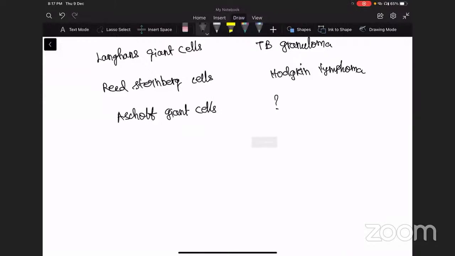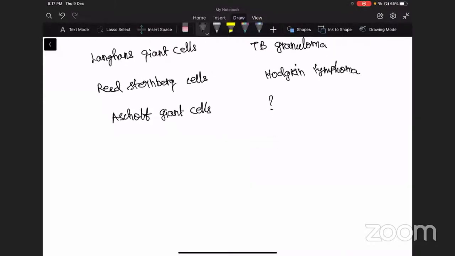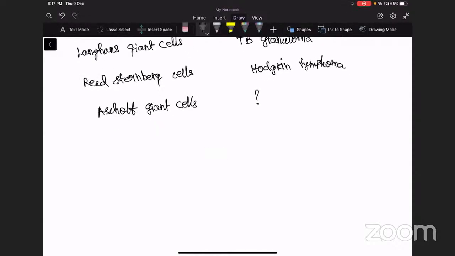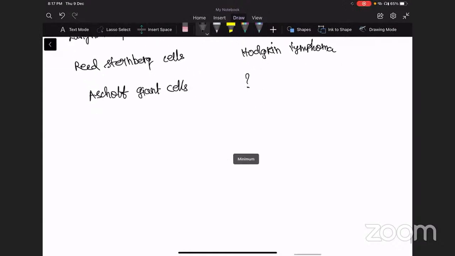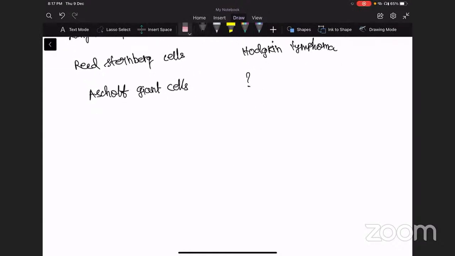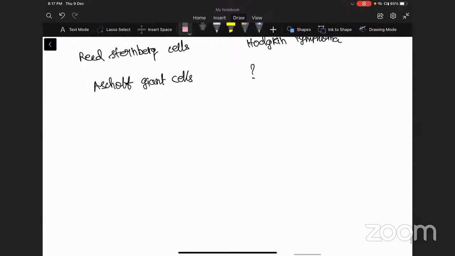Where is it seen? Ewing sarcoma, I don't know. Reed-Sternberg cells are seen in Hodgkin's lymphoma. Aschoff giant cells are seen in, is my question.